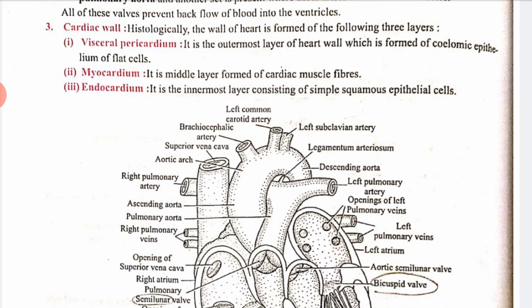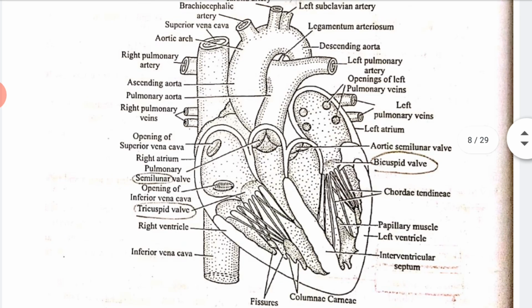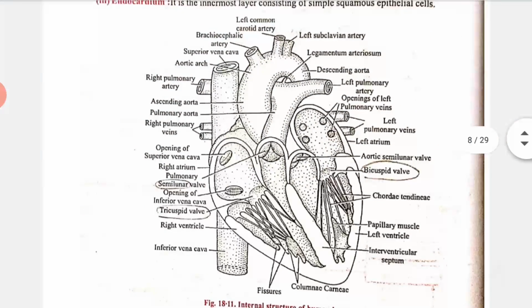Okay, so visceral pericardium, it is the outermost layer of the heart wall, which is formed by the columnar epithelium of flat cells, and myocardium, it is the middle layer formed of cardiac muscle fibers, and endocardium, it is the innermost layer, consists of simple squamous epithelial cells. Clear? So all these things you can see in this structure. Okay, and you must learn how to draw this structure.